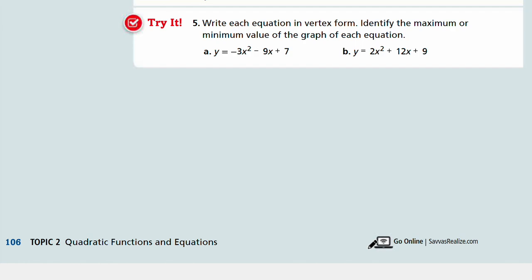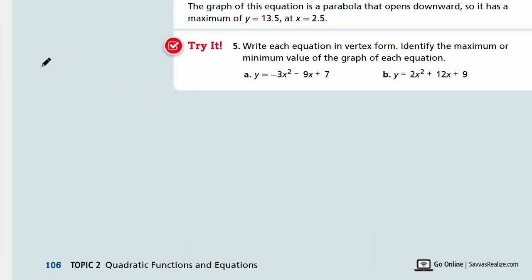Okay, are you ready? Okay, so 5a, you're going to start with subtracting 7 on both sides. And then factoring out negative 3, which is your greatest common factor. So that's going to be positive 3x.